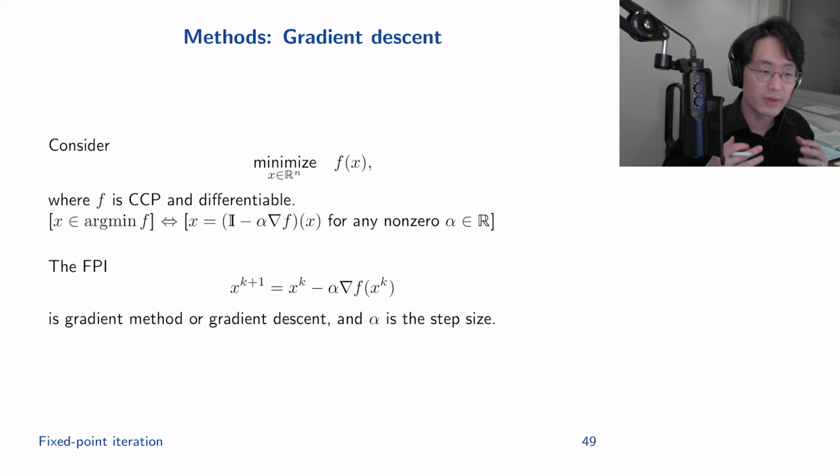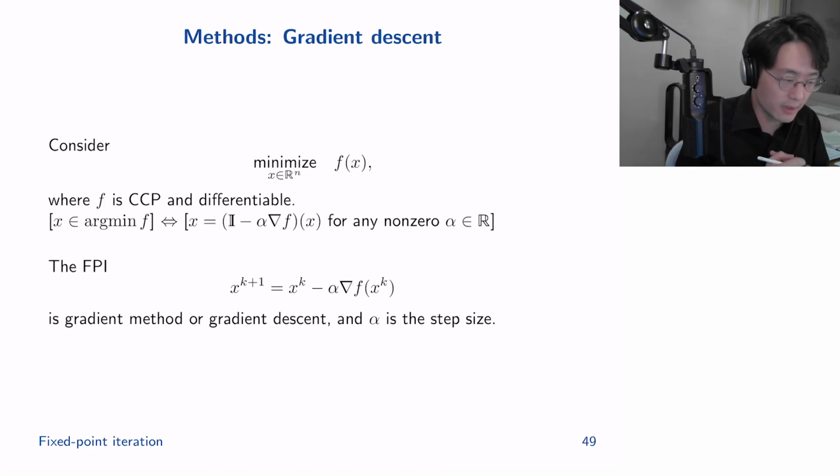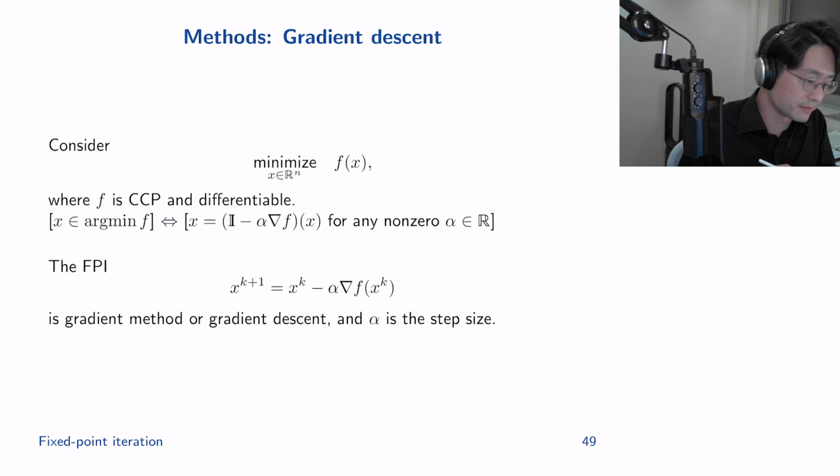Okay, so now that we've introduced the necessary machinery, the notion of fixed point iterations, and we've proven Theorem 1, let's analyze the convergence of a few optimization algorithms. The first method that we will analyze convergence for is gradient descent. Let's consider the problem of minimizing a function f of x, where f is CCP and differentiable.